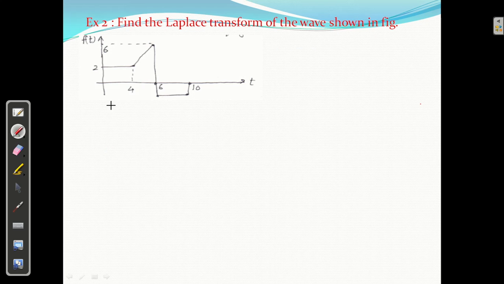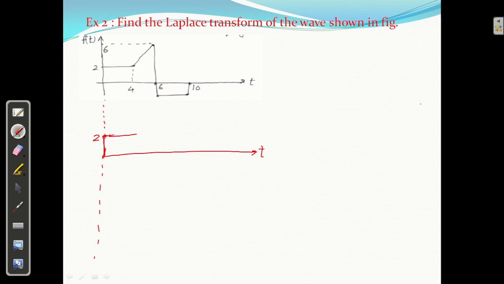How to do it? Just find the Laplace transform of the wave. I am taking t here. You can say this is the step function, so the magnitude is 2. This is the step function I am applying here.